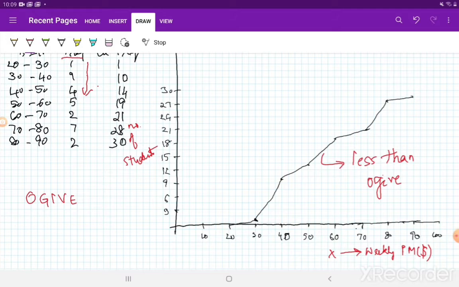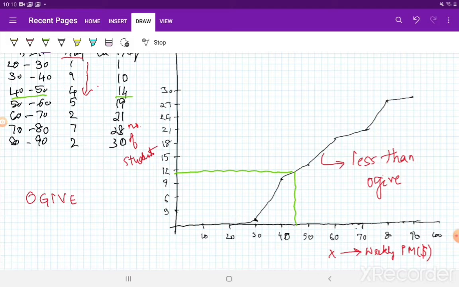Because once I have plotted this graph, corresponding to any point I can have an approximate value. From my table, I get an idea that 14 students have pocket money less than 50. From the ogive, I can even say that the number of students who have pocket money less than 45 are 11 students.